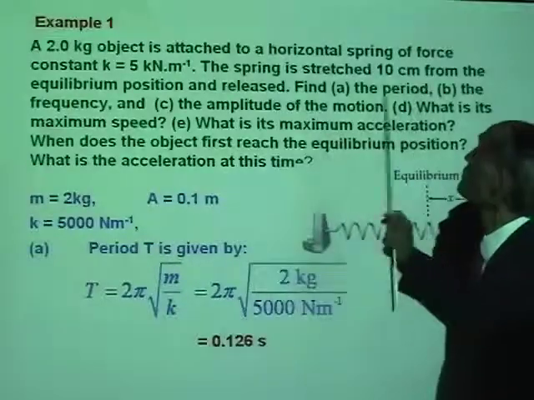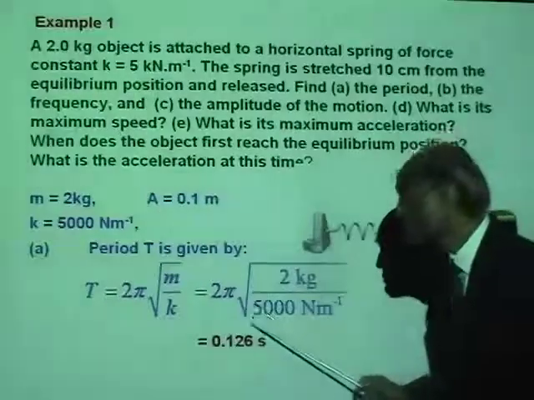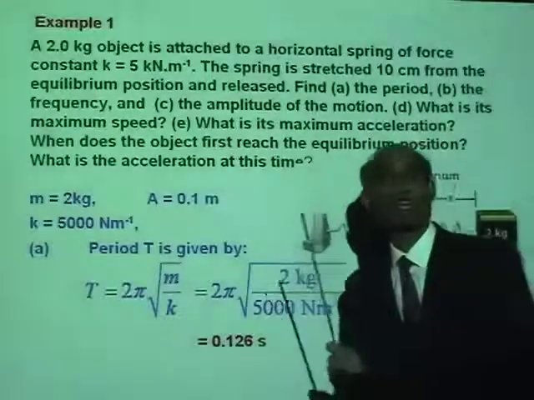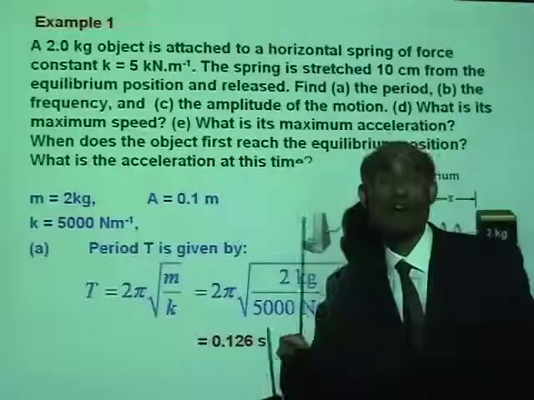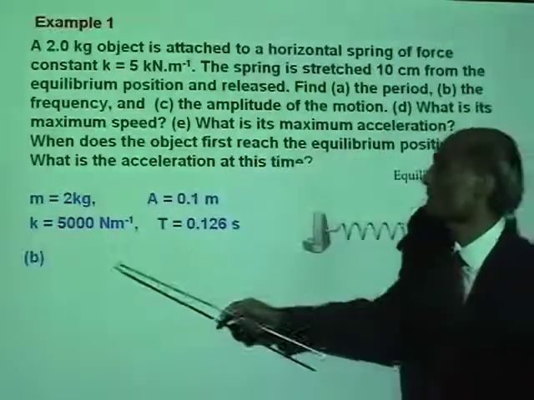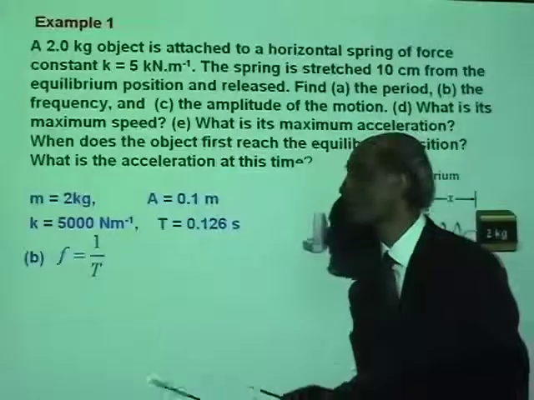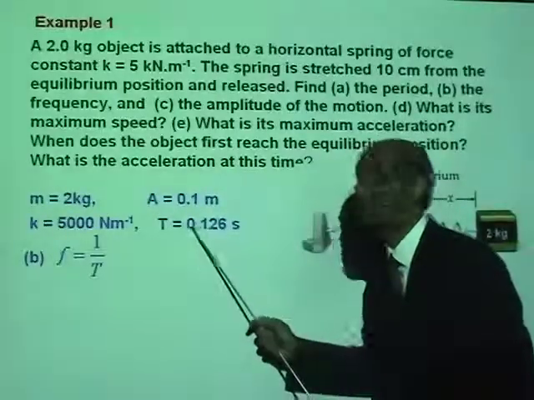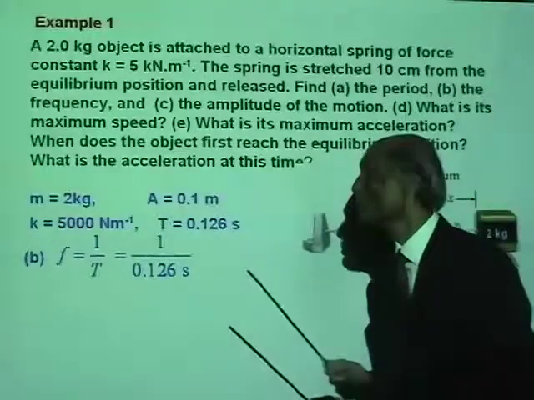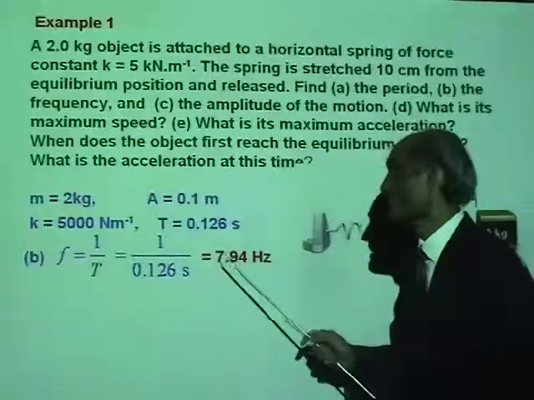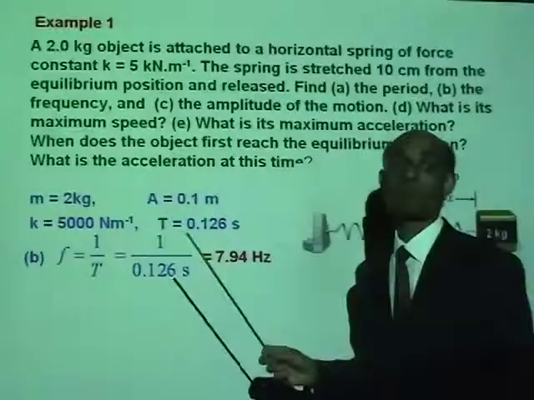Alright, let's go and do the next one, the frequency. If you know the period, what is the frequency? Frequency is 1 over the period. Our period is 0.126 seconds. Therefore, it is 1 over 0.126, that is 7.94 Hertz.